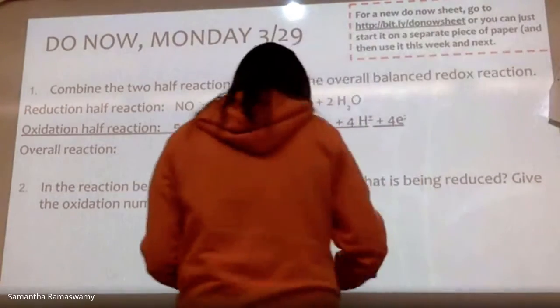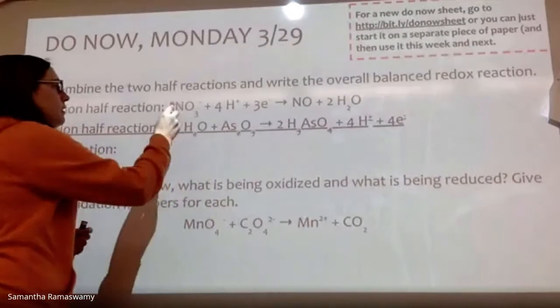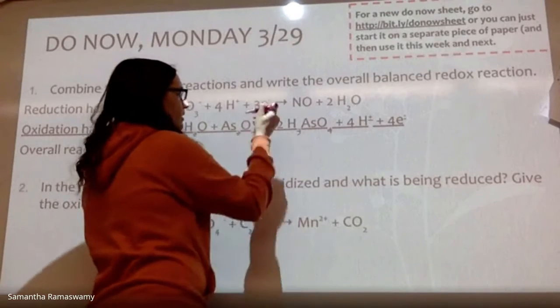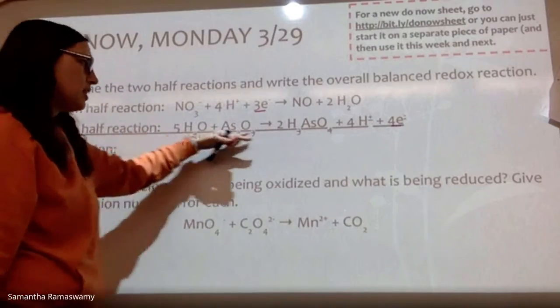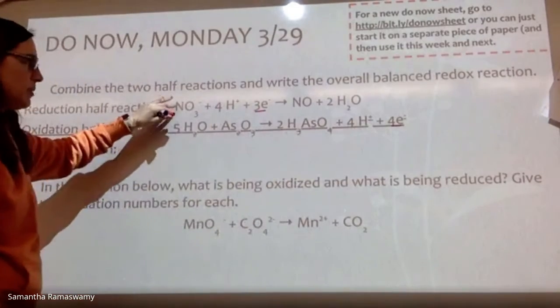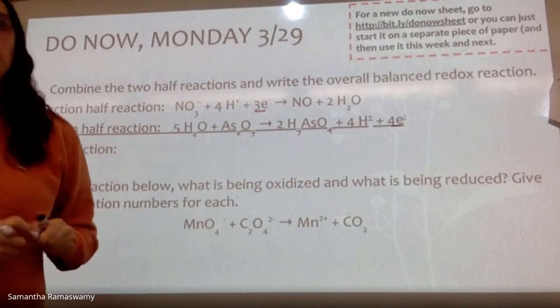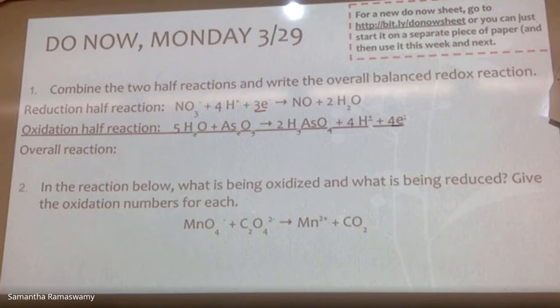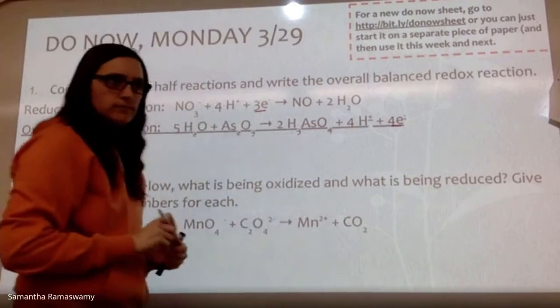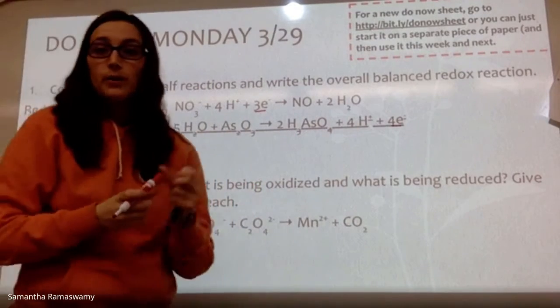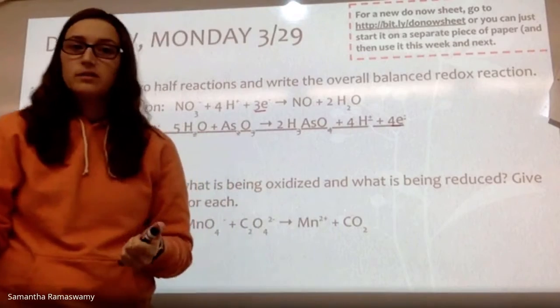So if we take a look here, we have 3 electrons and 4 electrons. And I just put in a line underneath here because we're going to end up adding these together. So if you take a look at this, I want you to think about what number you can make the electrons equal so that when we add the 2 together, they cancel out.